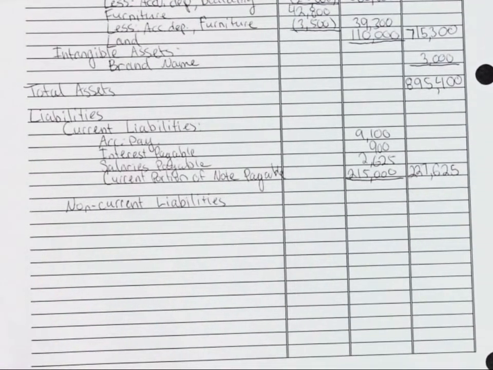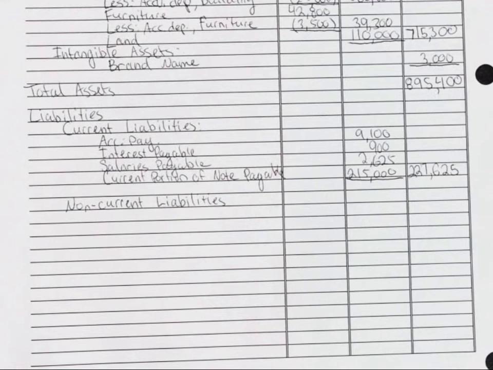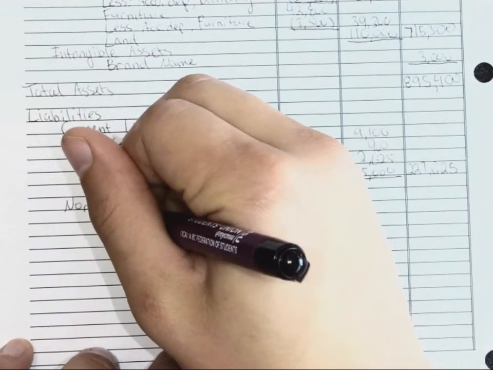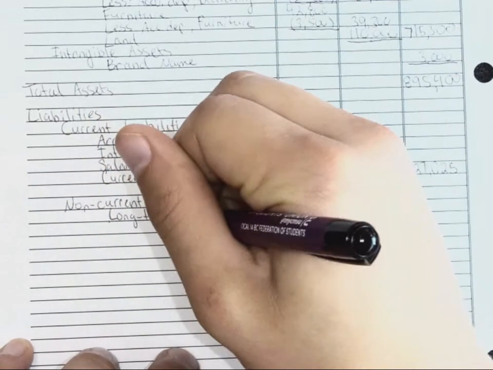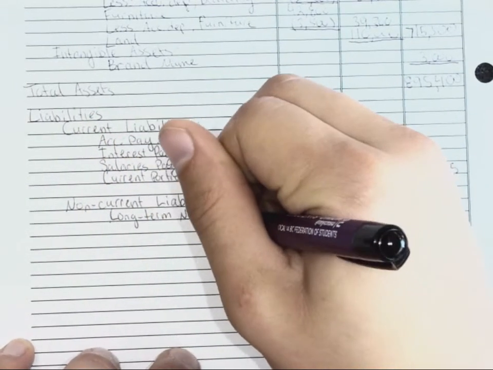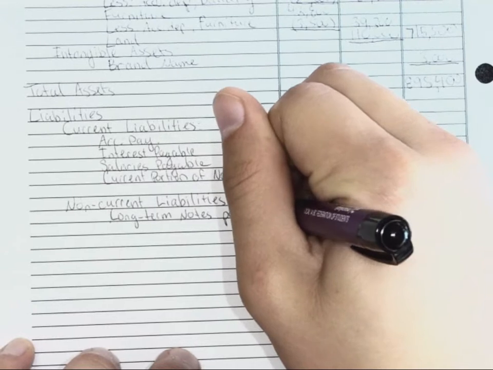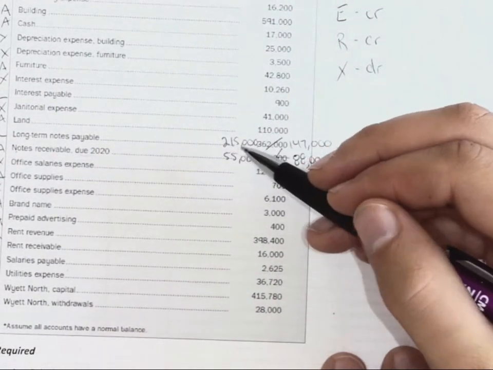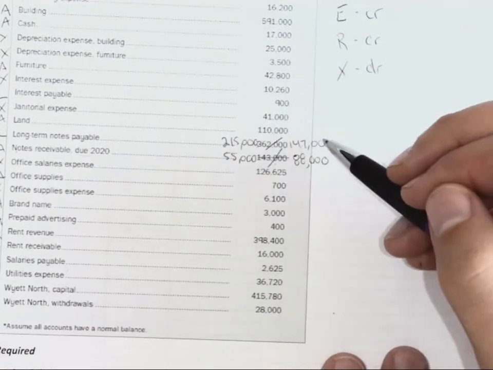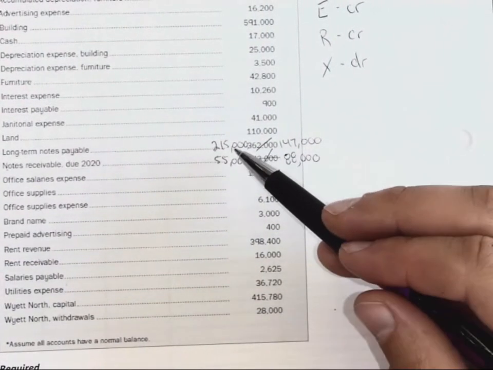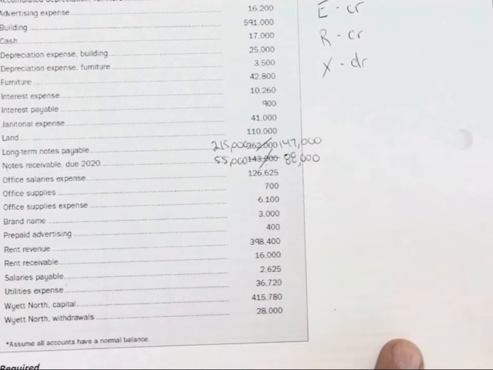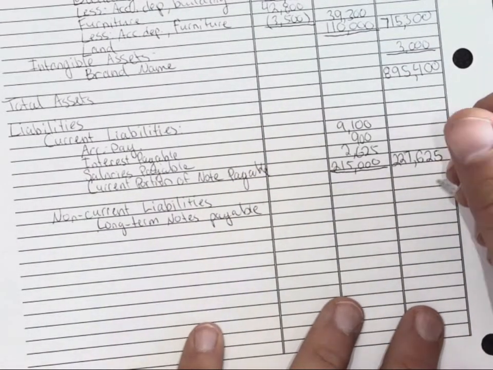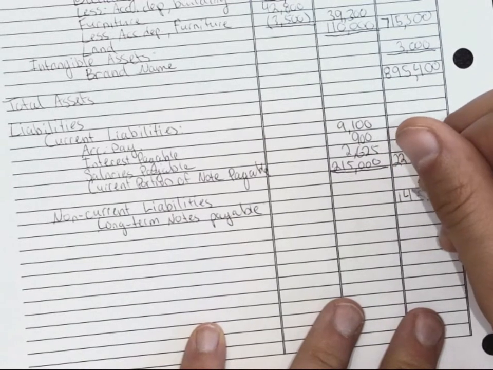So what is our second classification or subcategory of liabilities? What do we have for non-current liabilities? Yeah, exactly. Long term. Again, don't make the mistake of taking the full balance because you won't balance, right? If you're going to make some of it current, you have to make the other non-current. You can't make some current and then take the balance again. So that leaves us with 147,000. It's the only non-current liability, so we can pop it in the total section.